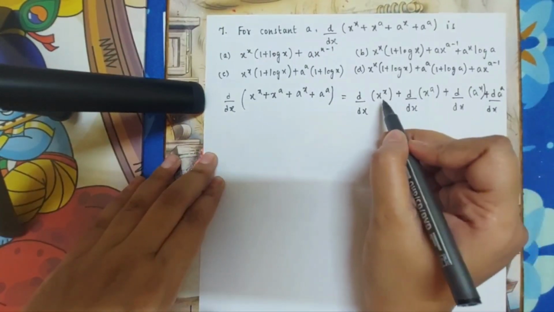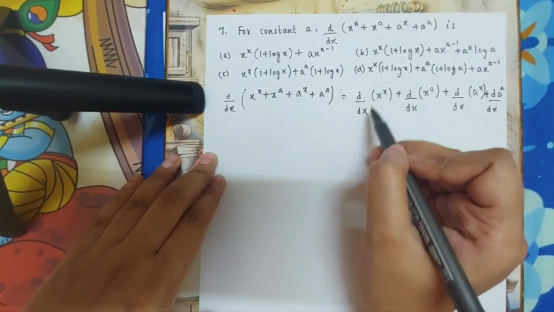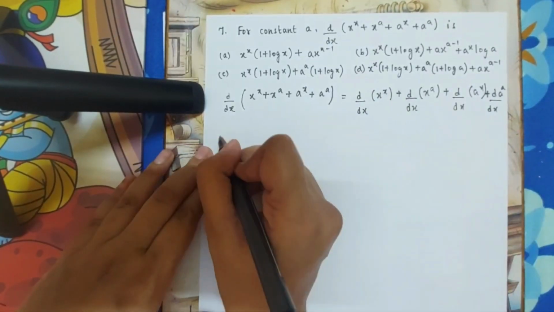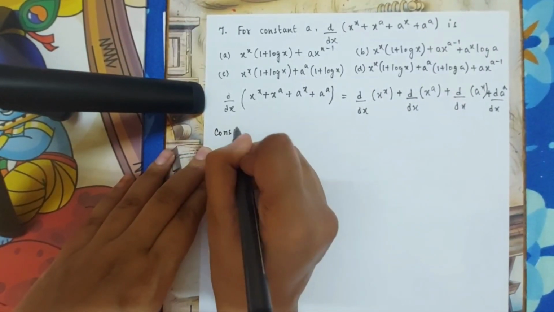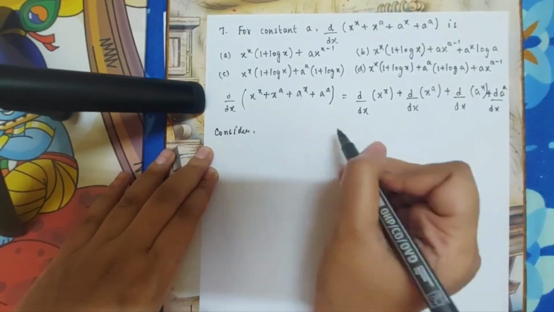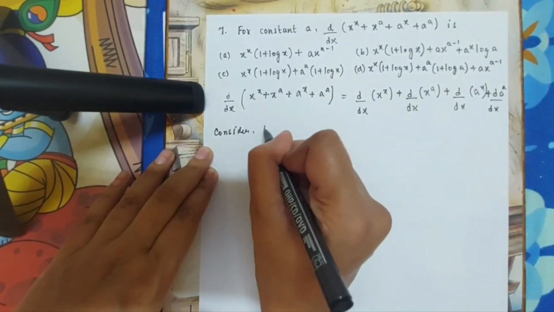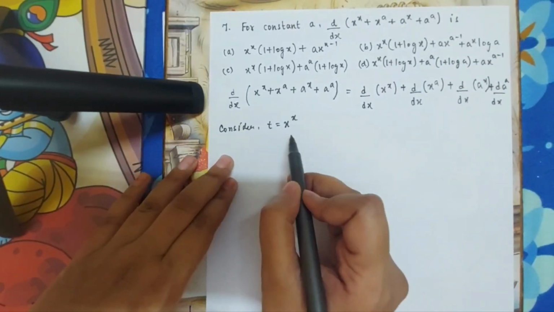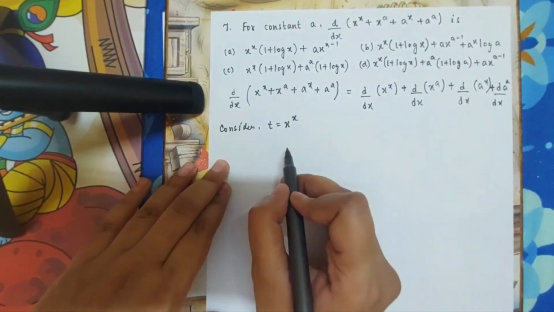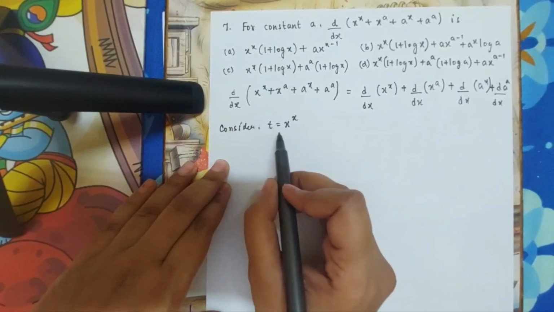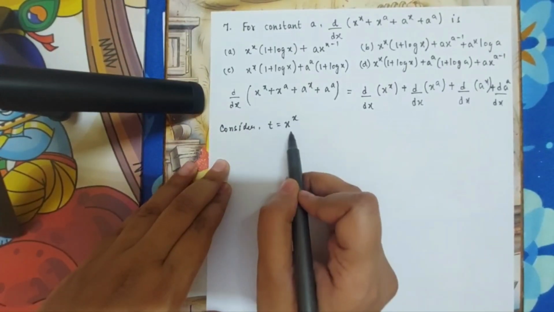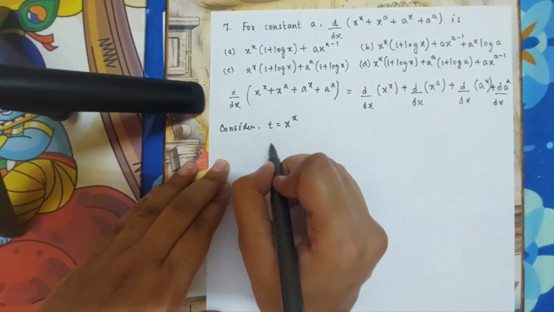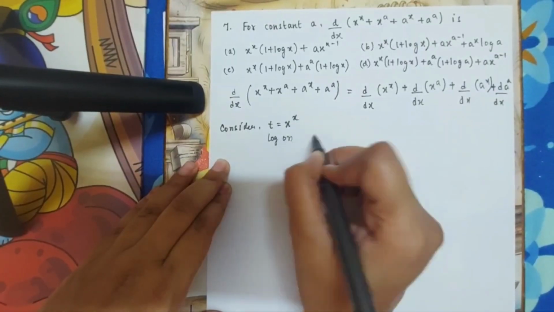So first we need to find the differential of x to the power x. So consider, I'll be just considering t as x to the power x. Here we will be using log to find the derivative of x to the power x. So I'll be taking log on both sides.